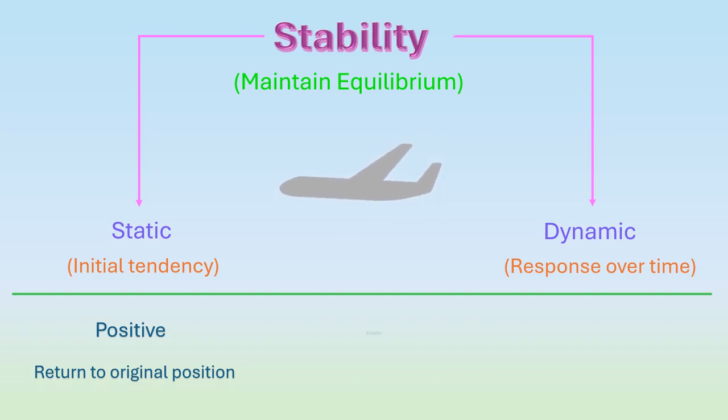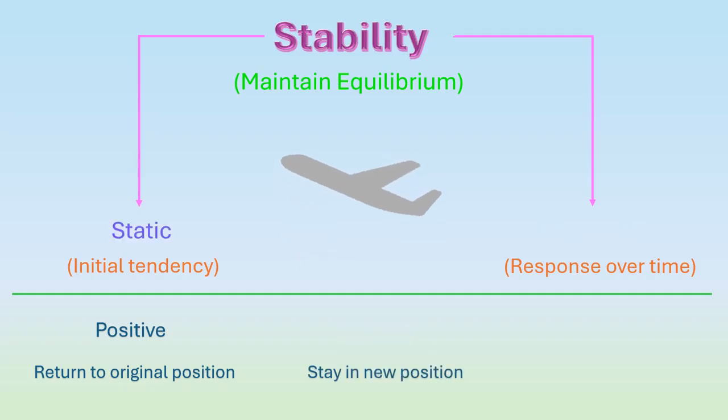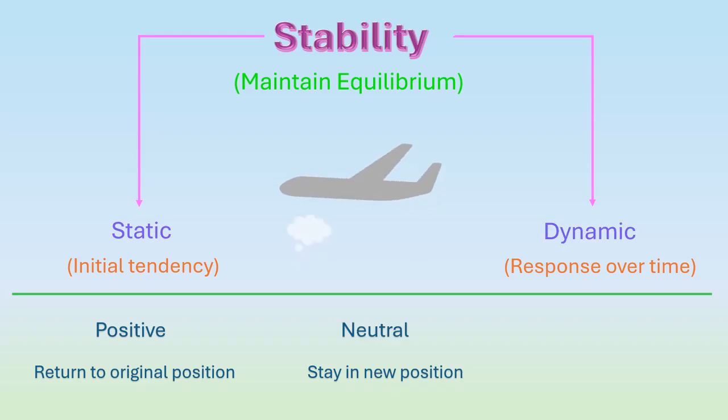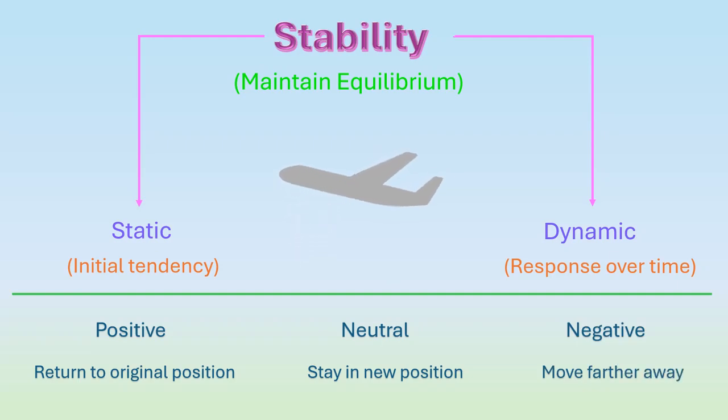An airplane exhibits neutral static stability when it remains in a new position after a disturbance. Neutral dynamic stability, however, tends to keep the aircraft from settling, resulting in continuous oscillations around the equilibrium point. Negative stability means the airplane is unstable and will deviate further from its original position, even after the disturbing force is removed.